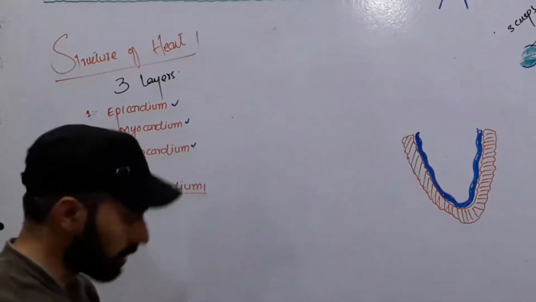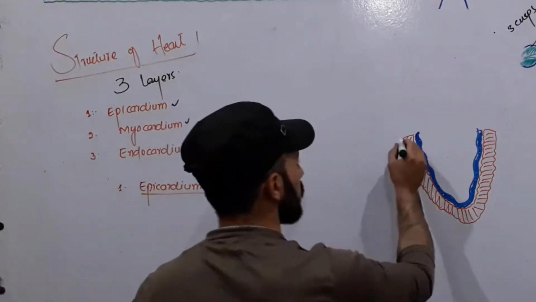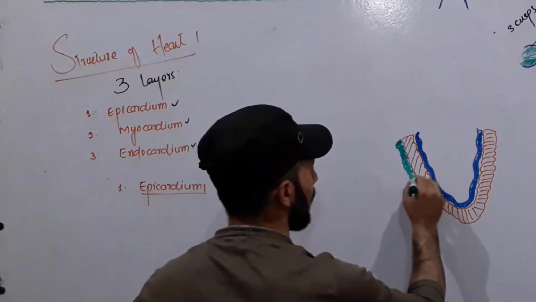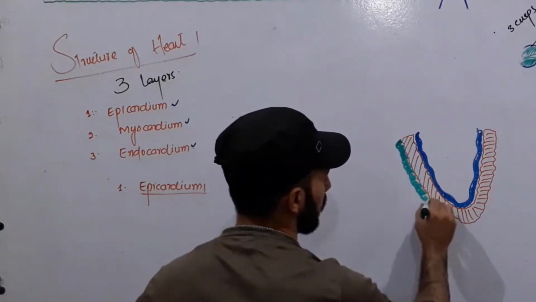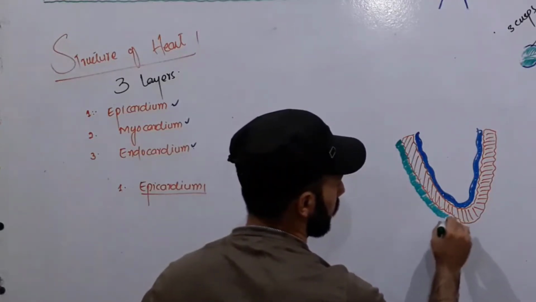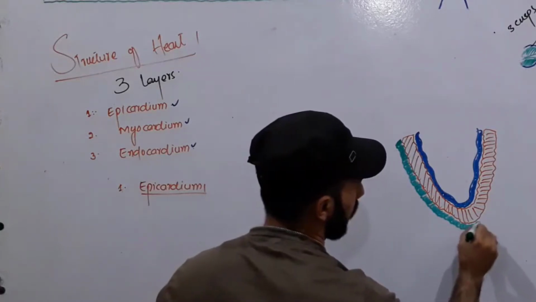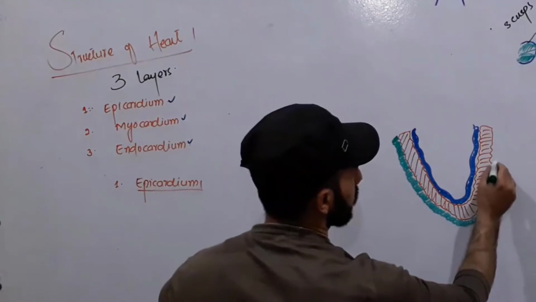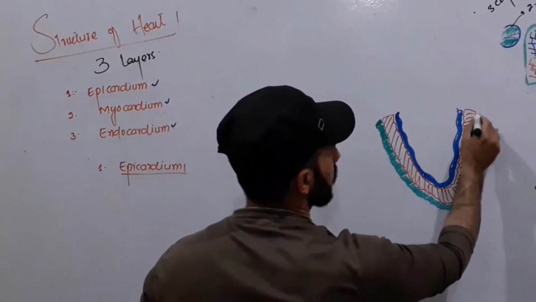Cardiomyocytes are present there. And then there is the outer epicardium, and this epicardium is in connection with pericardial fluid and the pericardial cavity.